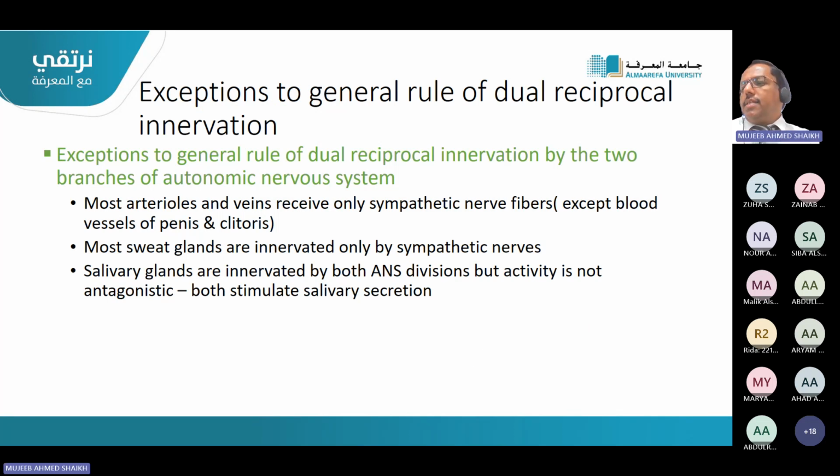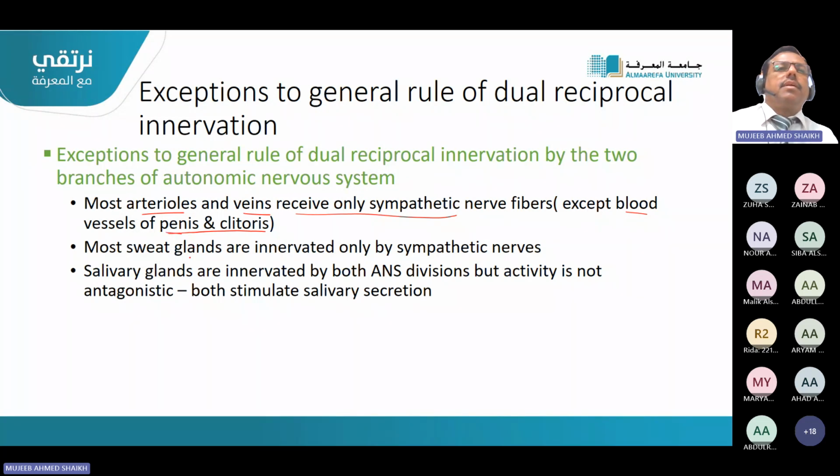As a general rule, every organ receives sympathetic as well as parasympathetic nerves. But there are exceptions to this rule. Most of the arterioles and veins receive only sympathetic fibers, except the blood vessels supplying the penis and clitoris, which receive both.